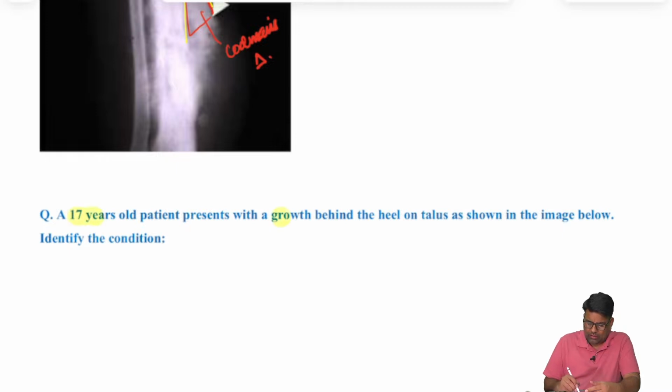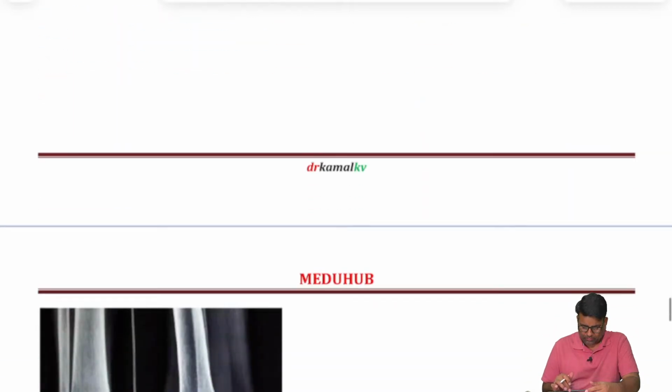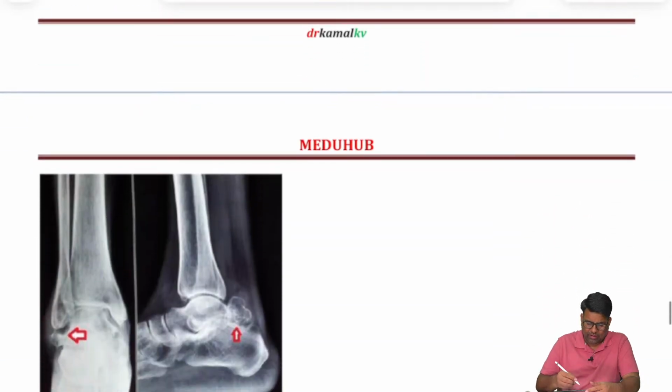Then a patient had a growth behind the talus. Now what condition is this? So this was the X-ray given, and we can see this is the head of the talus, this is the body of the talus, and behind the talus we can see a bony growth, something like this, right? So this is actually exostosis, which is also known as osteochondroma.